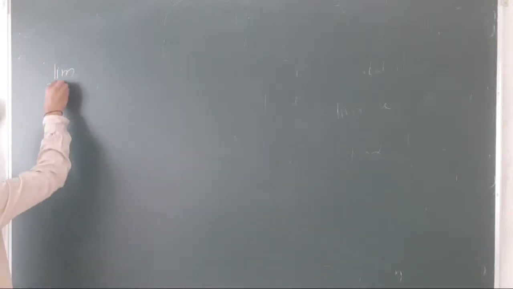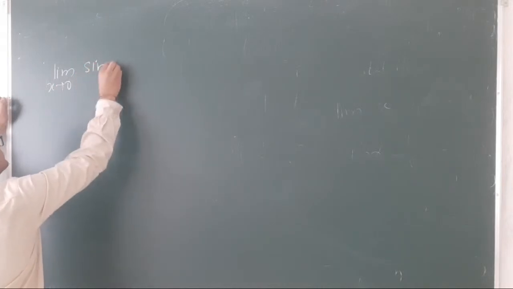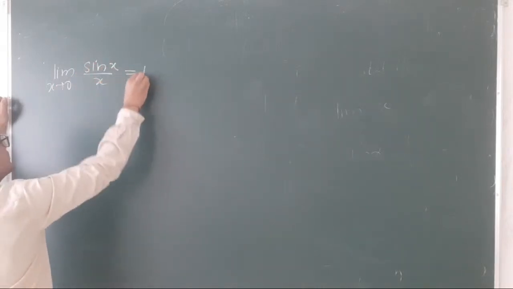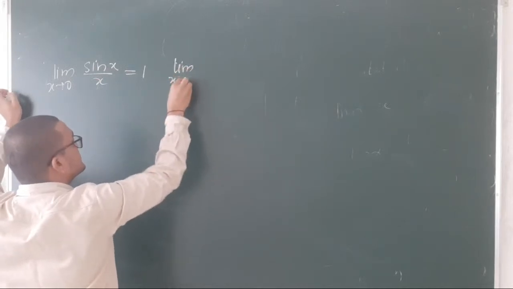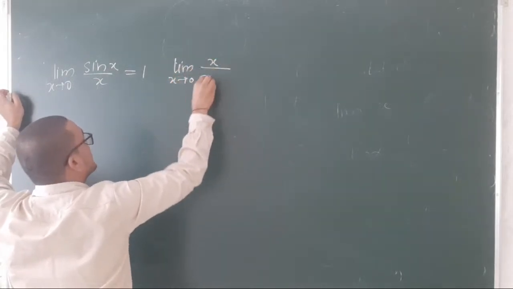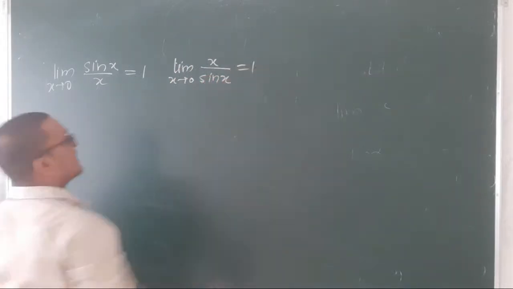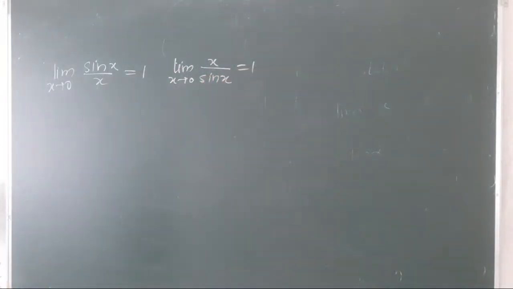Next, again, some more results are there. So just see what are those results here. Limit x tends to 0, sin x upon x is equals to 1, or limit x tends to 0, x upon sin x is equals to 1.